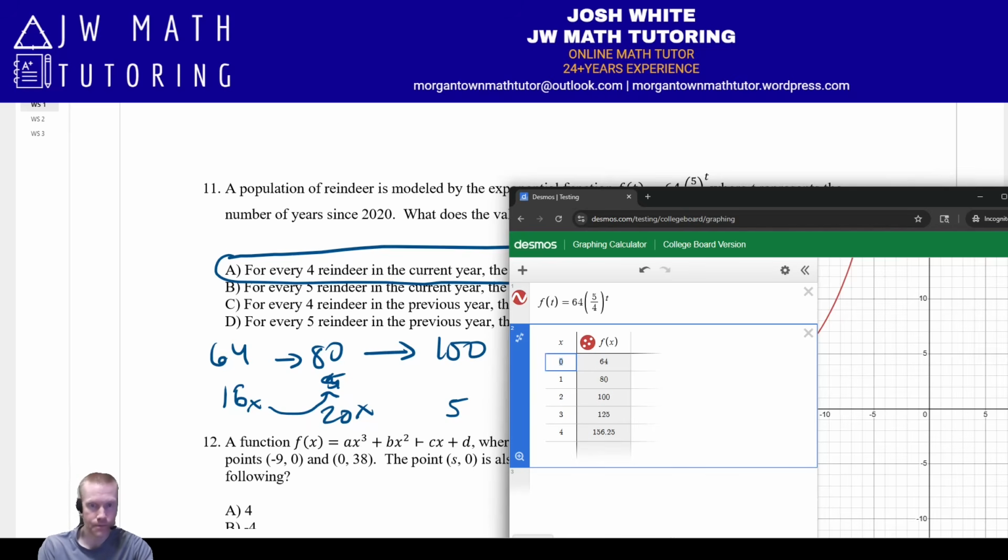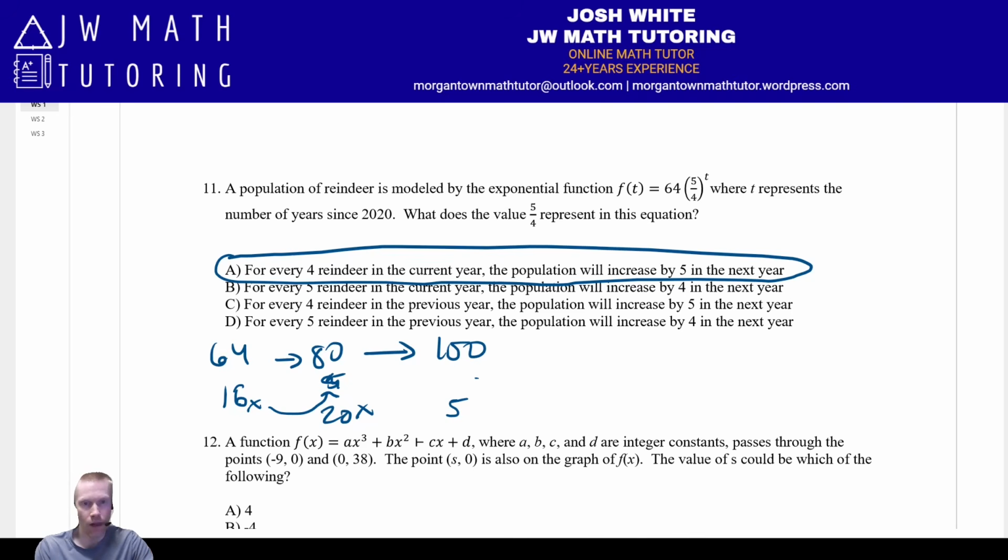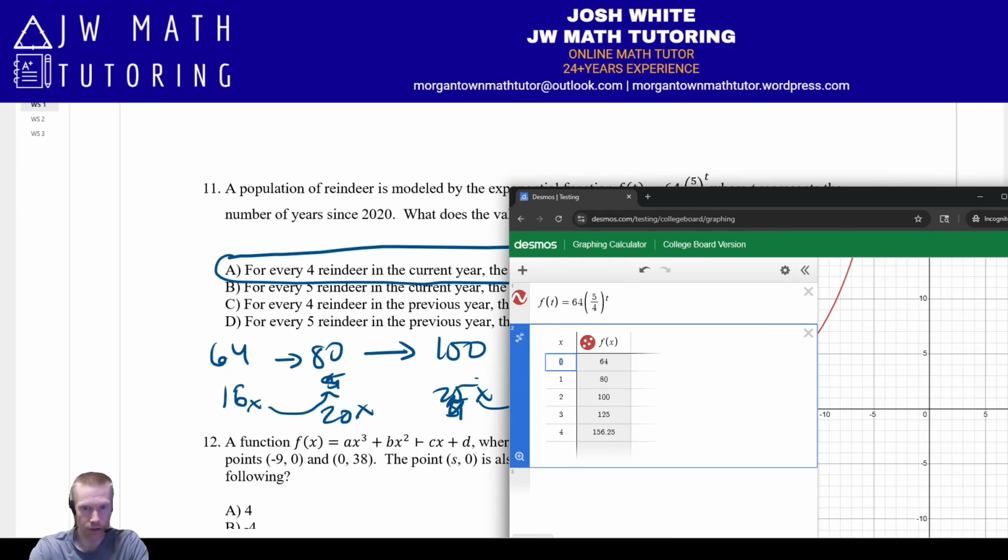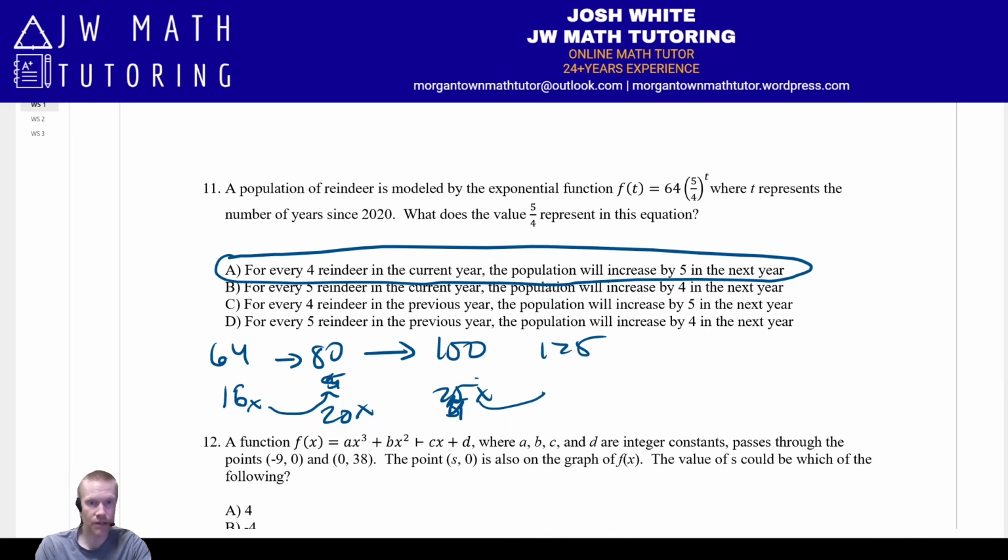At 0, it's at 64. Next year, it goes to 80. Next year, it goes to 100. Then if you follow the pattern, for every 4 reindeer, which means it would now be a 25 times multiplier, there's going to be 5 in the next year. So take this, multiply it by 5, you get 125. And notice right here, year 3, 125. So that's basically what it's asking.